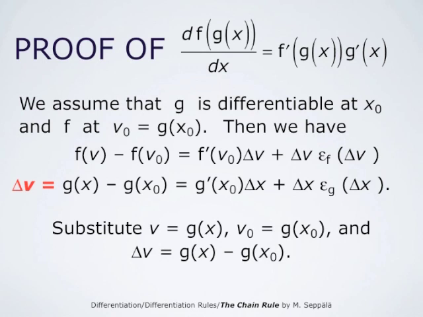So here we have used the definition of differentiability, the assumptions that f and g are differentiable, and the fact that if a function is differentiable, then it has a derivative, and the derivative is the differential of the corresponding function.